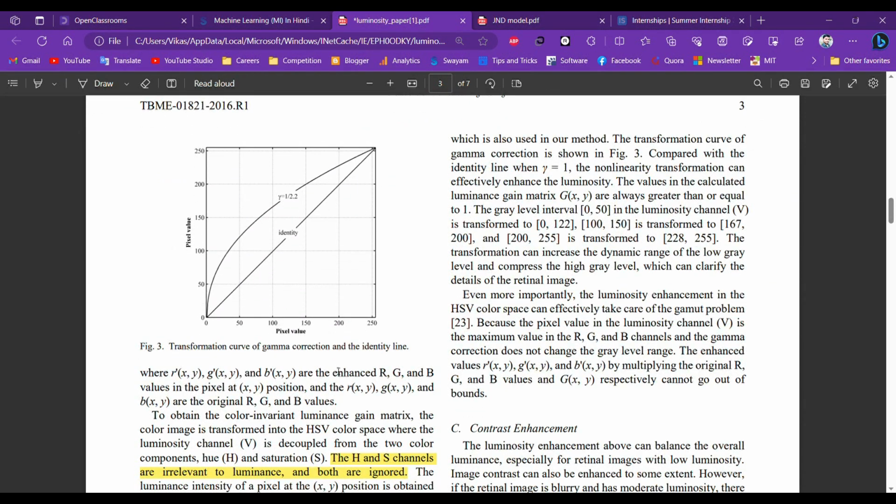This is the gamma correction, which gives some visualization of their model.